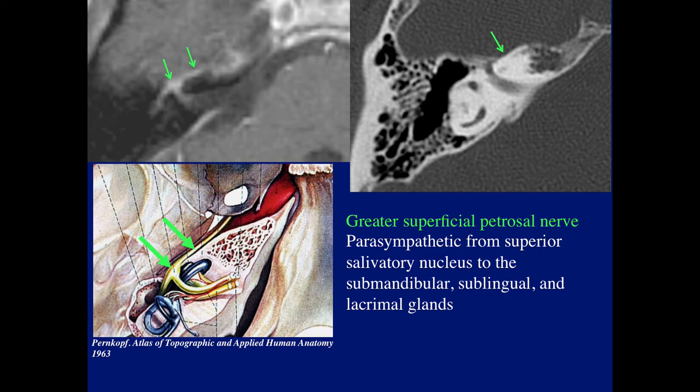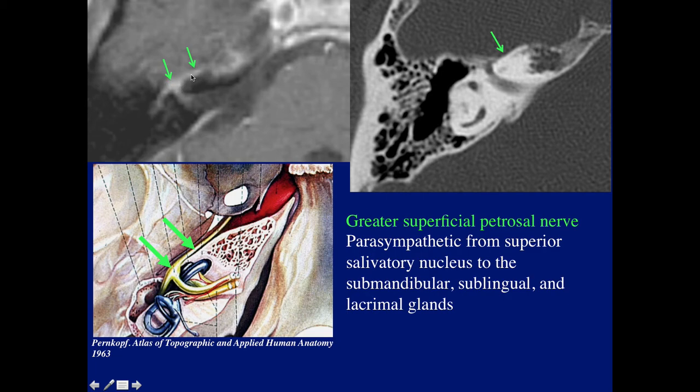So let's talk about the greater superficial petrosal nerve. So here again, in this anatomic diagram, this is the ganglion, the geniculate ganglion. This is the greater superficial petrosal nerve. We can see it here, and this enhanced, this is the ganglion.